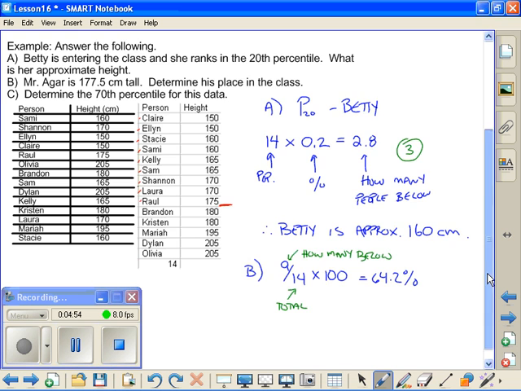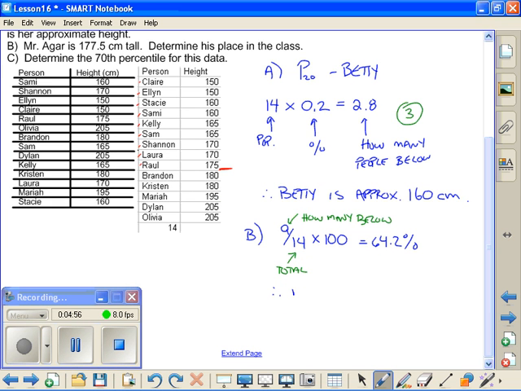So that means in this class, Mr. Agar is in the 64th percentile. That means that 64% of the people in the class are shorter than myself.